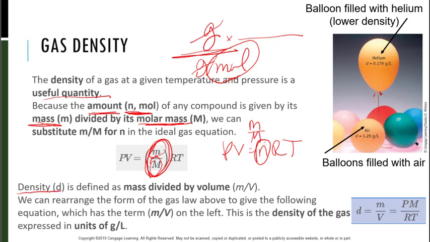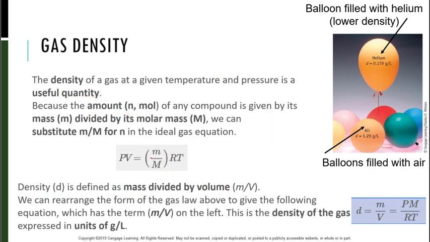Then we can find density. We know density is mass divided by volume, but nowhere in PV equals nRT was there mass before we substituted in mass over molar mass for that n. Now we can rearrange this equation to solve for density, which is mass divided by volume. All I need to do is to get m and V on the same side.